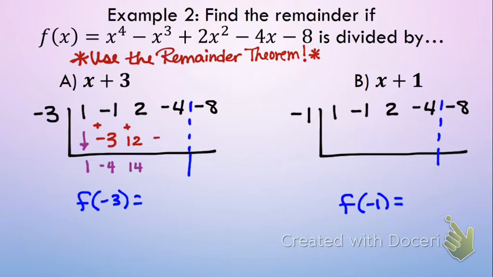And then you get negative, what is that, 42? Get negative 46. A positive 138. So we end up with 130 right here.